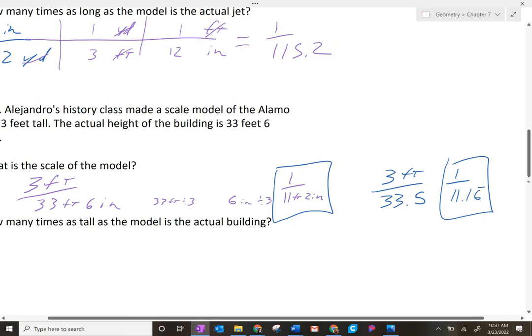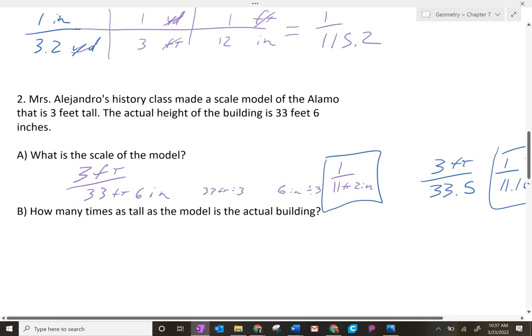Now the part that I'm going to look at, this label on the top was feet. The bottom label was feet. For part B, it says how many times as tall is the model as the actual building.